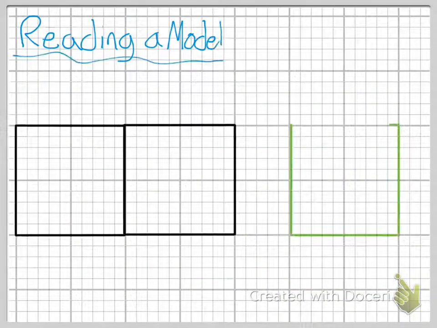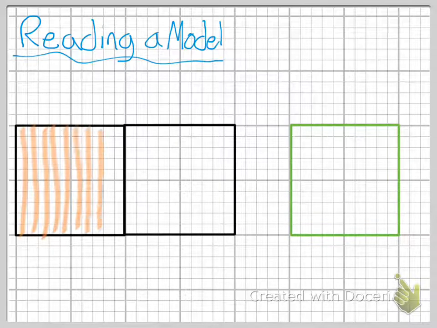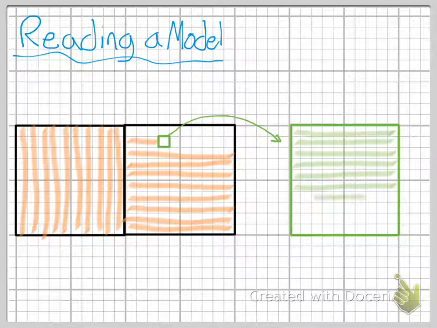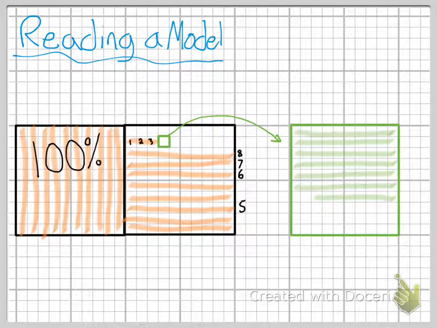Now we're going to create a chart, and we're going to try and interpret what we have. My first hundreds chart shows me 100% because it's completely filled in. The second one, if I count up, I have 8 groups of 10 and 3 individual squares.